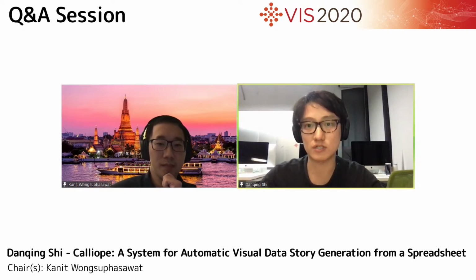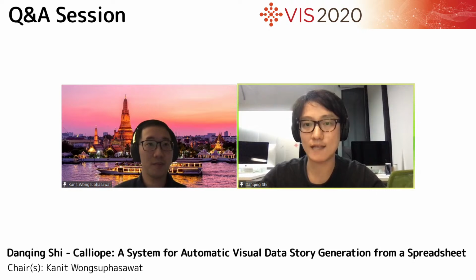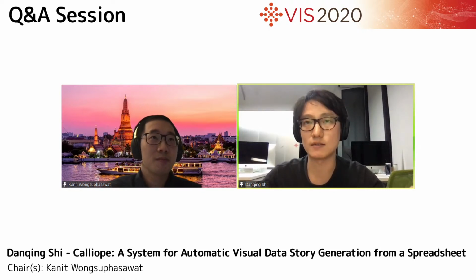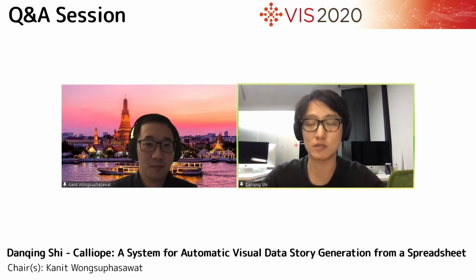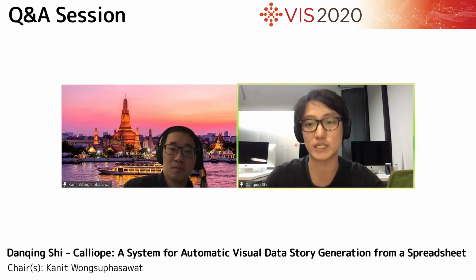Thanks for the question. I think the story generated by the Calliope system is based on the data facts in the spreadsheet. Thus, it always reveals the truth in the data. The possible limitation is the generated story cannot cover the whole spreadsheet and only cover a specific part of the data.